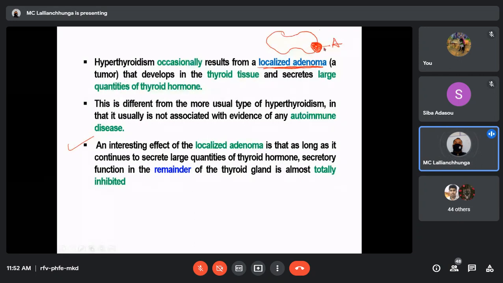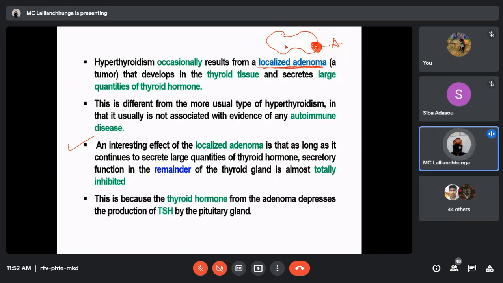Only this tumorous part will produce thyroid hormones. The rest of the thyroid gland will remain as such, and will not synthesize or secrete T3 and T4. This is because the thyroid hormone from the adenoma depresses the production of TSH by the pituitary gland.